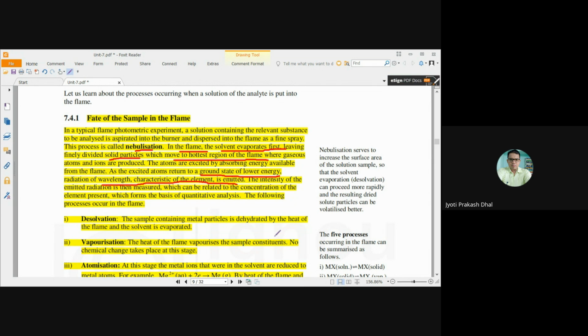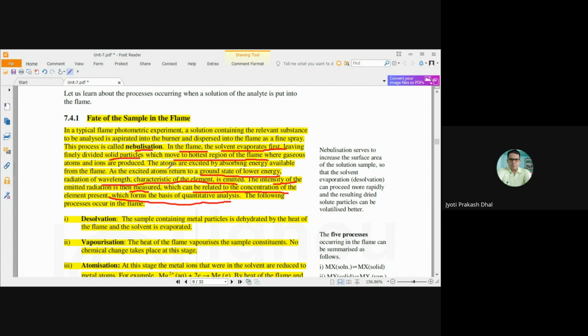So different elements will emit electromagnetic radiation with different wavelengths or frequencies. The intensity of the emitted radiation is then measured, which can be related to the concentration of the element present, which forms the basis of quantitative analysis.